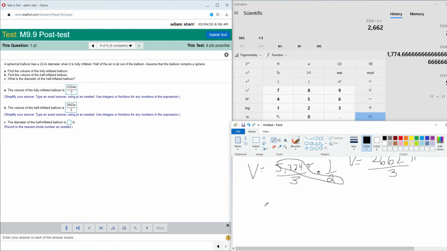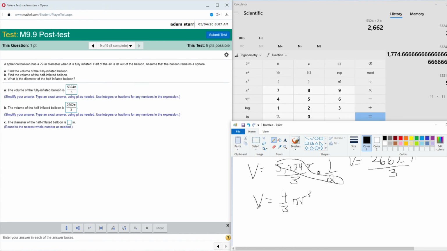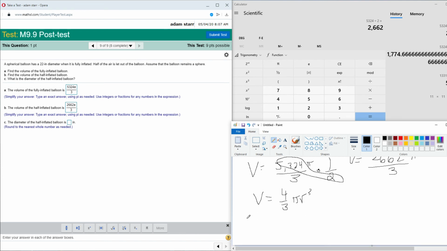So again, we're using volume of a sphere, which is 4/3 pi r cubed, but now I'm using this volume. So I'm going to substitute that for V. So I have 2,662 pi over 3 equals 4/3 pi r cubed.